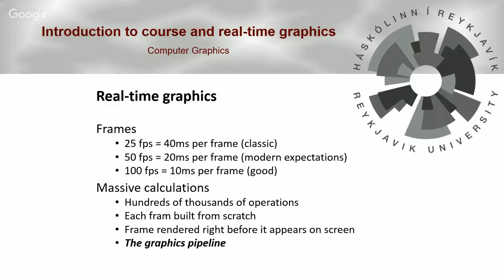So in the end, in true three-dimensional real-time graphics, especially with perspective projections, which is what all computer games have, you pretty much can't reuse anything in your frame. As soon as you do a little motion, everything will be different. So this is the long answer to what I answered on Piazza.